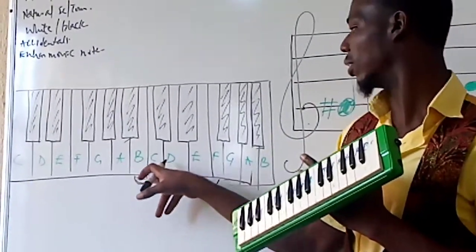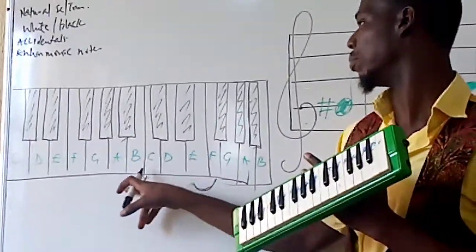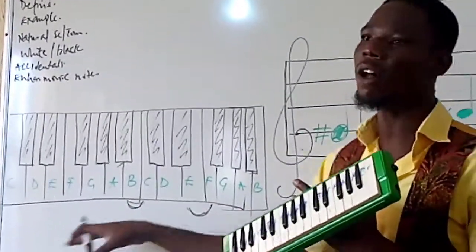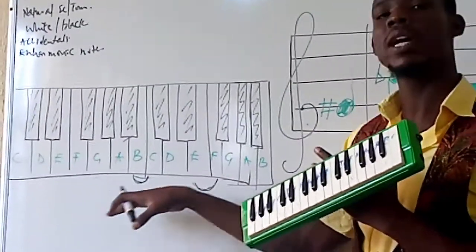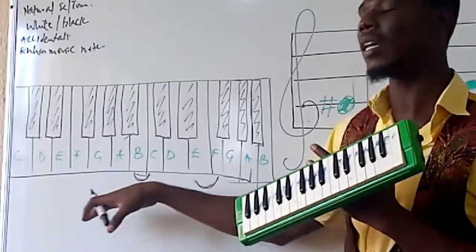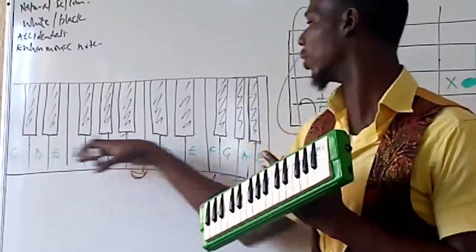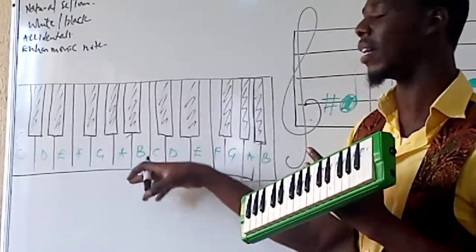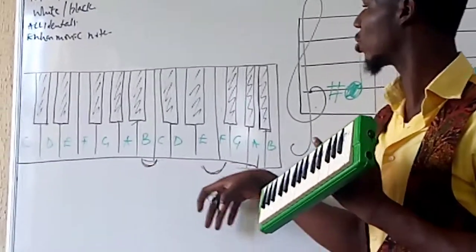That is why they are called the natural semitone. Of all the scales of the keys, B and C, E and F are always together. Anything separating them is going to be a note in between. But if you look at the keyboard like this, you see there is nothing separating them. That's why it is termed the natural semitone.